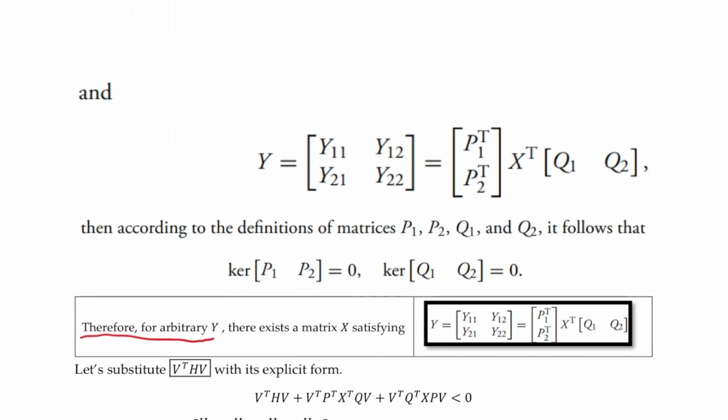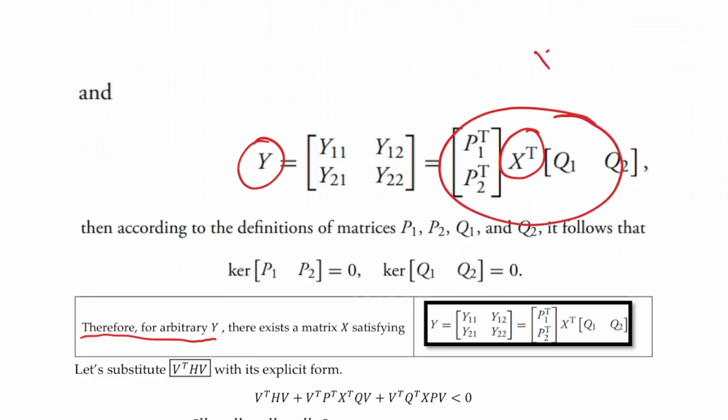Therefore, for arbitrary Y, whatever Y matrix you give me, I can find an X. Why? Because this is X transpose, and we are doing some type of transformation, right? And then we have Y. So there is no information being lost in that transformation.